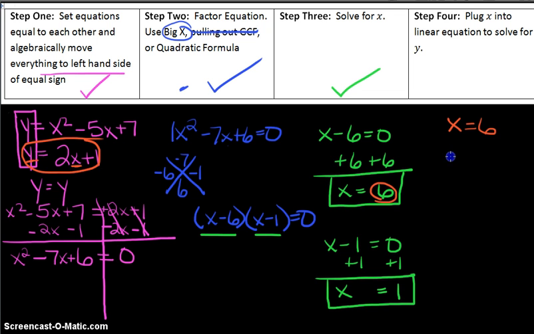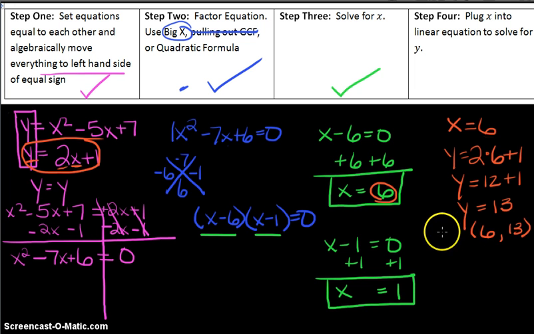So it's going to be y is equal to 2 times x, and x is 6, so 6, and then plus 1. So y equals 12 plus 1, and y equals 13. So I've got my first intersection point, 6 comma 13.